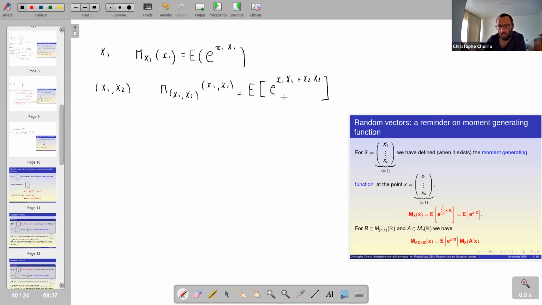In fact, using my notation, I have my capital X, a random vector that doesn't have 2 components, but n components.